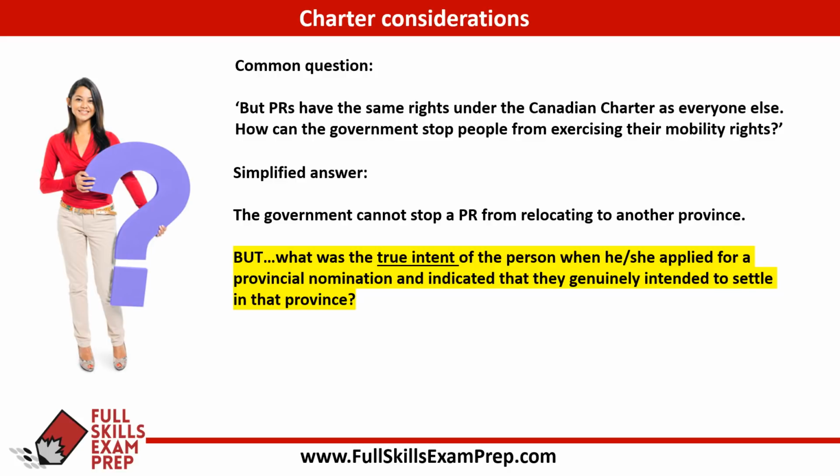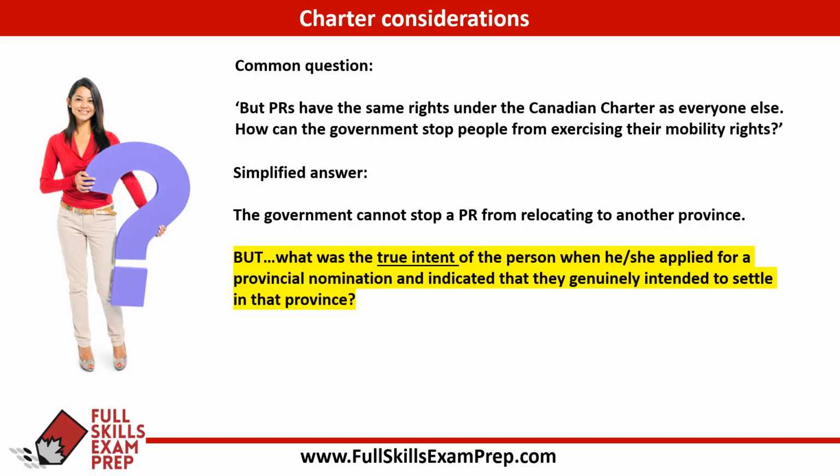But when we take a look at the person's application, when the person is applying, this is the big question here, and it's highlighted in yellow for you. We need to really take a look in depth at what was the true intent of this person when they applied for a provincial nomination. And when you look at the second half of that sentence, you could see that it says, and they indicated that they genuinely intended to settle in that province.